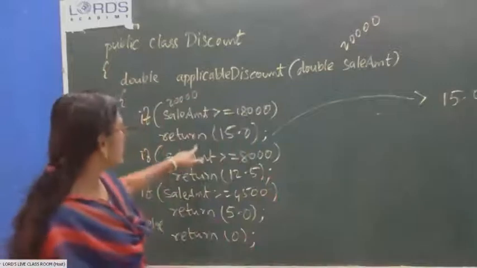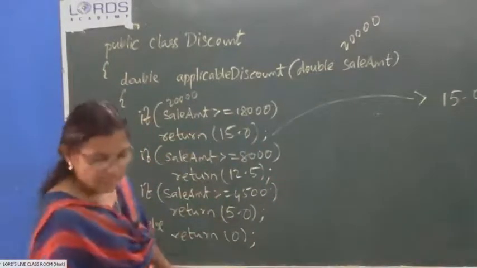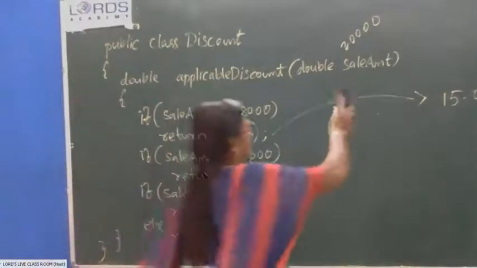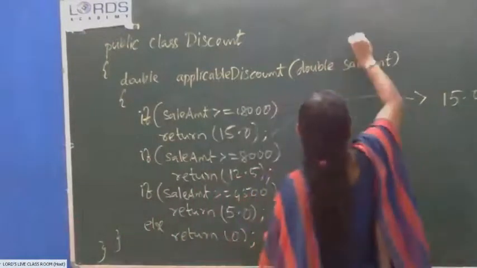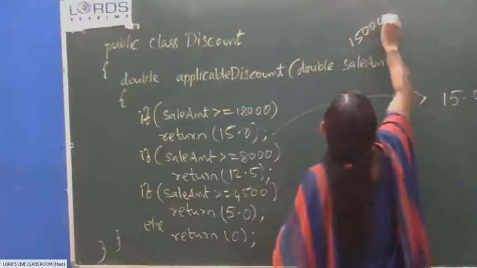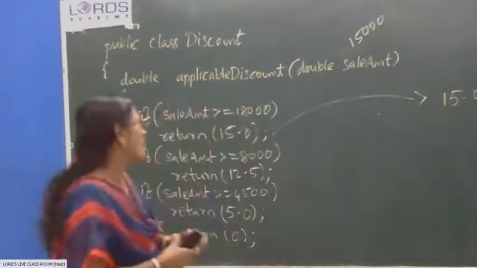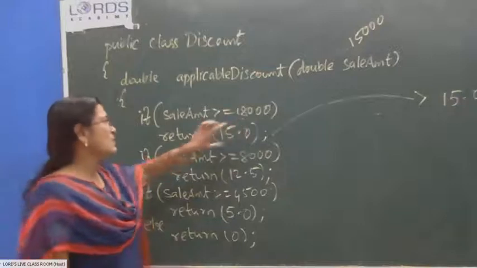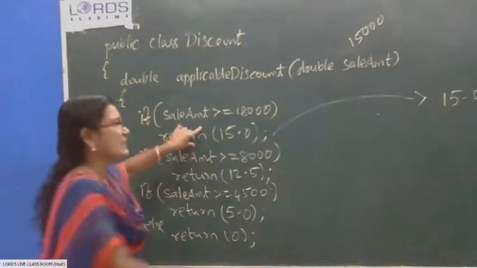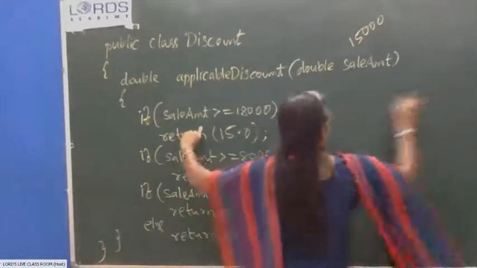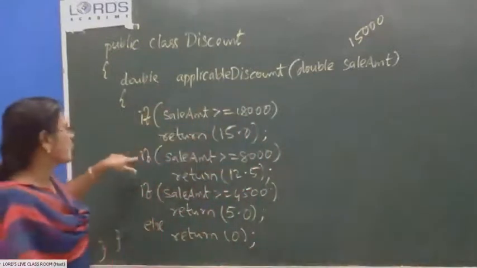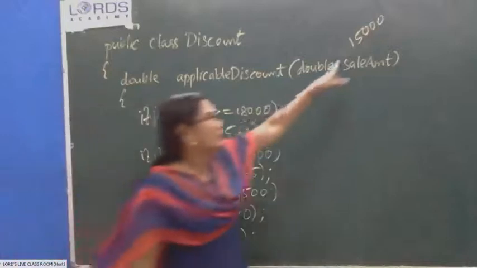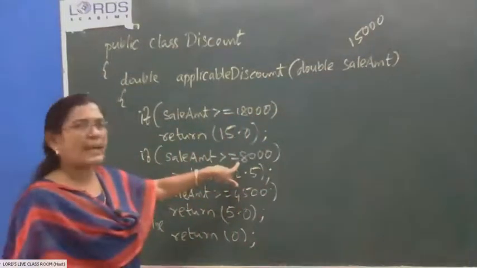So that is the first case. Assume that I have entered my sales amount as 15,000. I have purchased for 15,000. Is 15,000 greater than 18,000? No. So the return command will not be executed, and it goes to the following command. If sale amount greater than or equal to 8,000, 15,000 greater than 8,000?